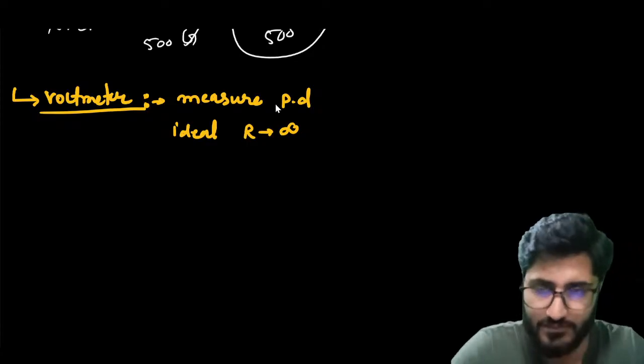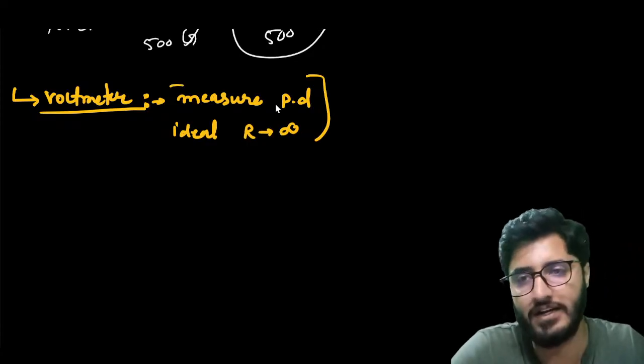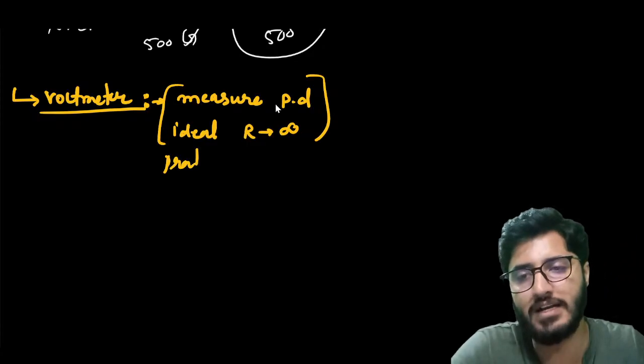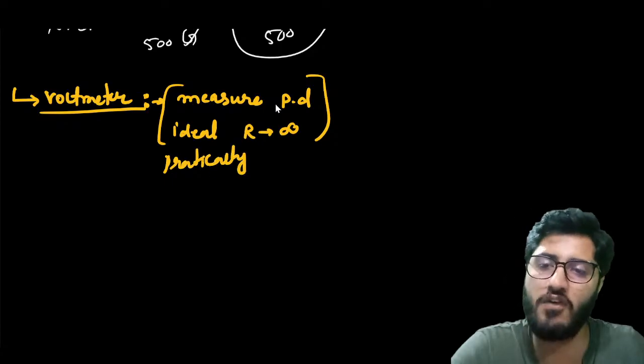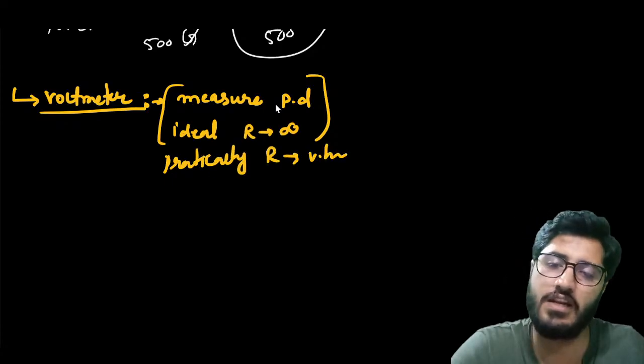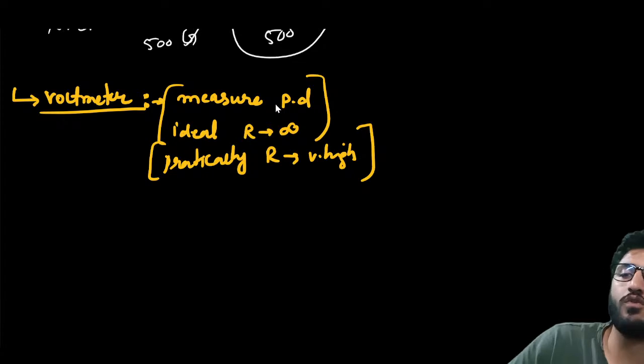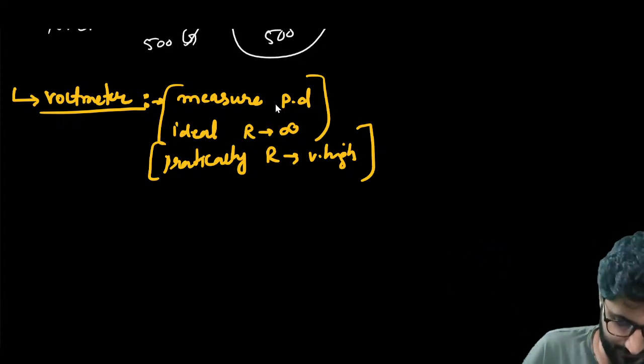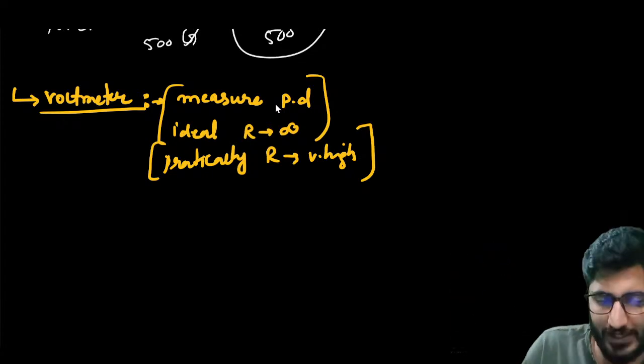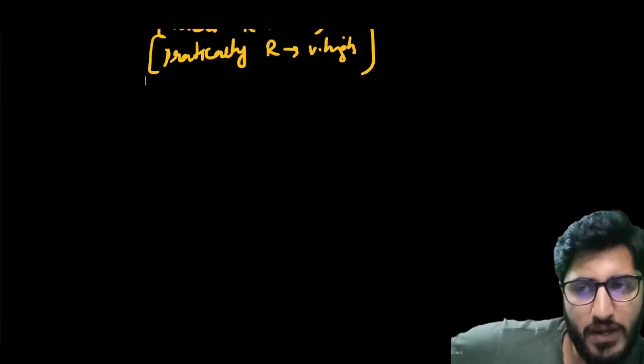But practically the value of R is very high. Sometimes you will get a numerical asking the practical value of your voltmeter resistance. That is very high, extremely high, but not infinite. So how to make a voltmeter now?